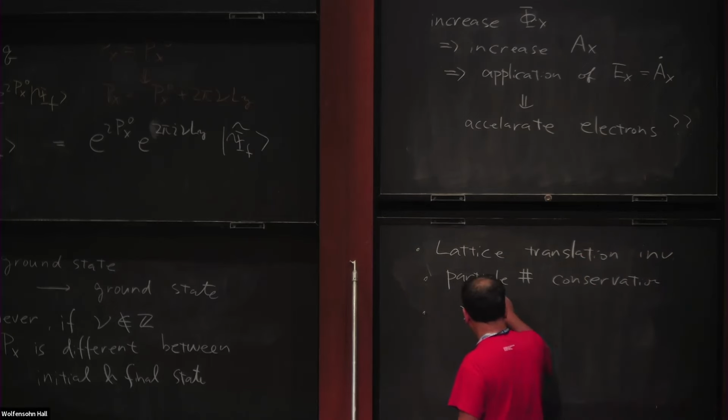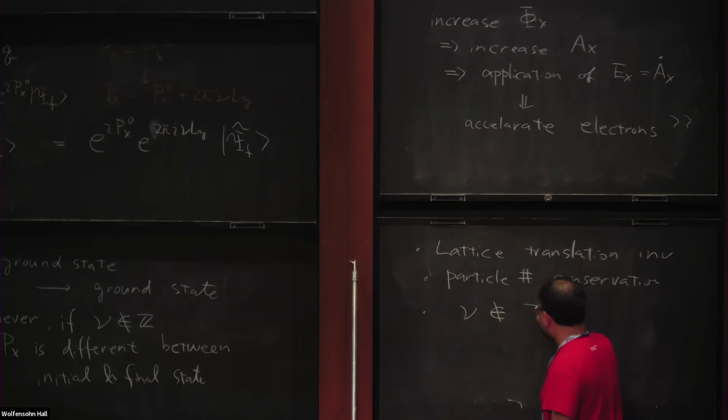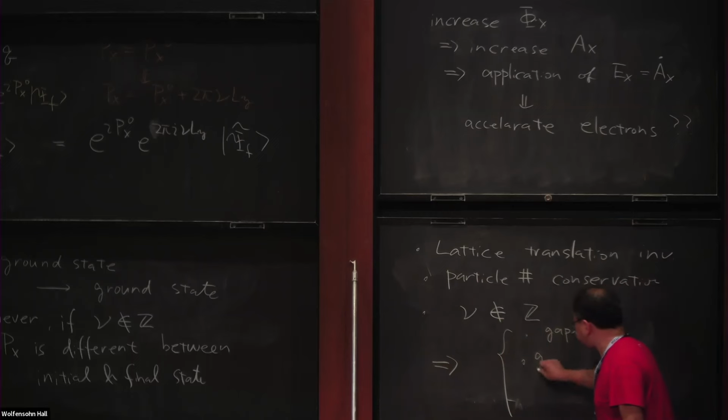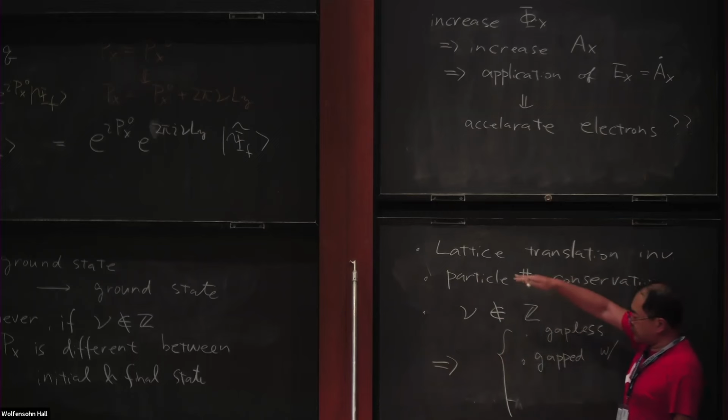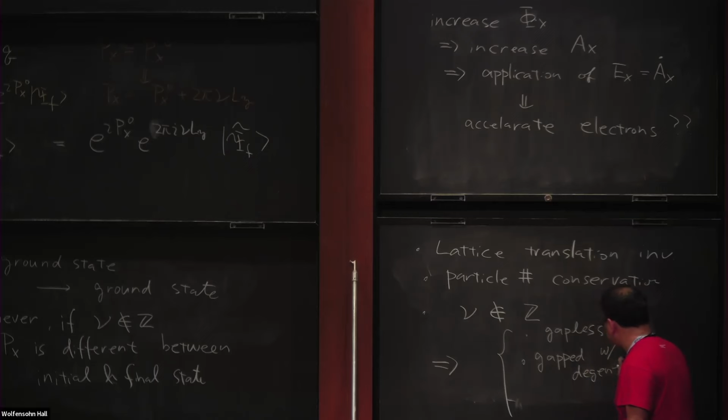And if this filling factor is not integer, then the system is either gapless, or you can have a gap, but if there is a gap, then you must have multiple degenerate ground states. So what we can rule out here is some trivial phase with a unique ground state with a gap.